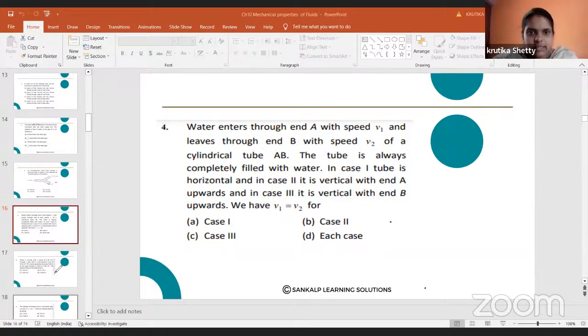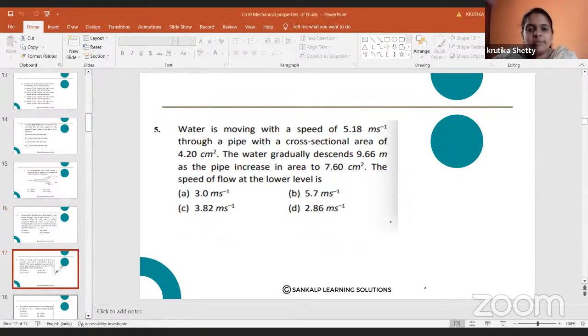The next question is: water is moving with a speed of 5.18 meter per second through a pipe with a cross sectional area of 4.2 centimeter square. So speed is given, area is given. The water gradually descends 9.6 meter as the pipe increases in area to 7.6 centimeter square.